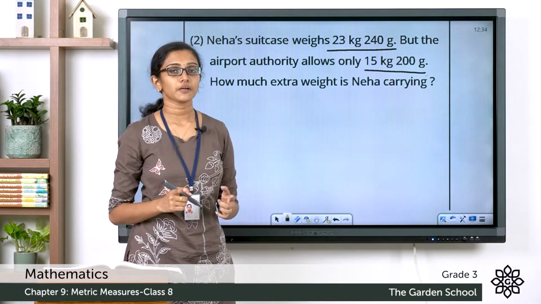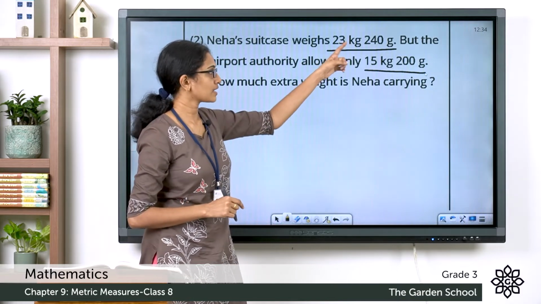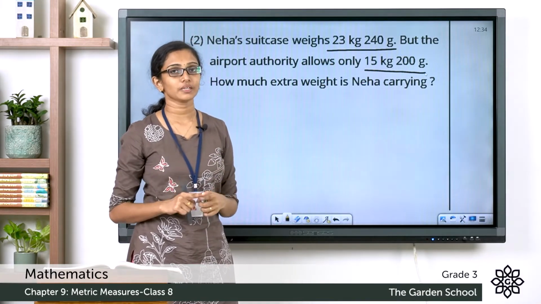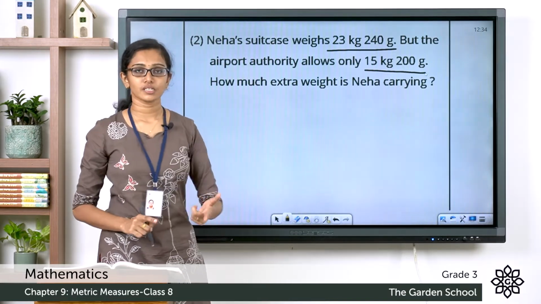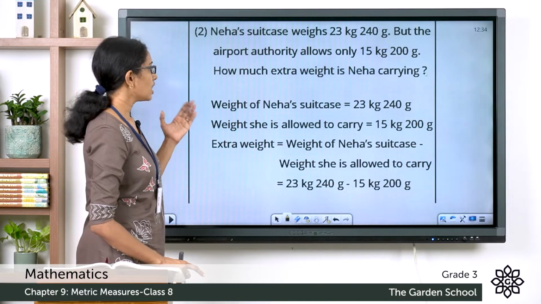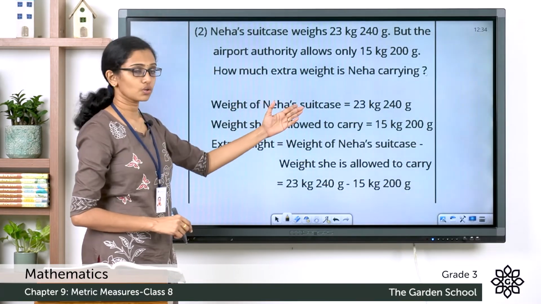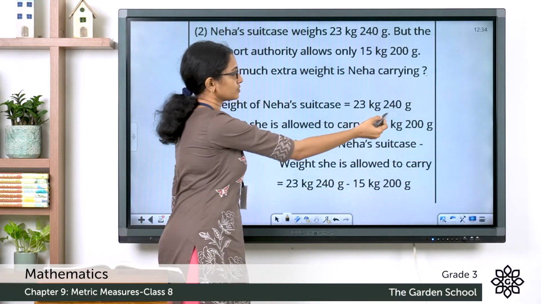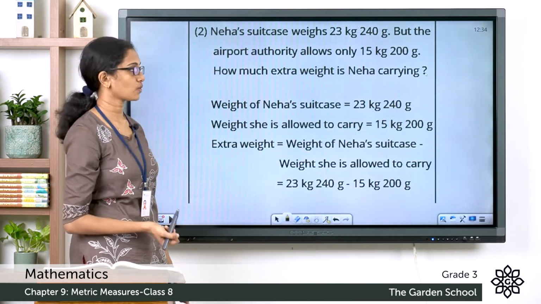How can we find out that extra weight? If we subtract these two weights, we'll get their difference, and that will be the extra amount of weight she is carrying. Let's write the steps from the data given in the question. The weight of Neha's suitcase is equal to 23 kilogram, 240 gram.